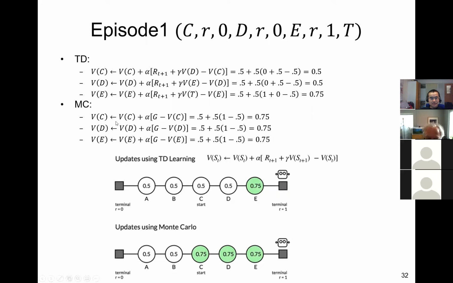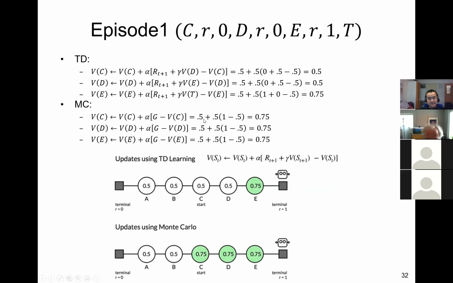So for Monte Carlo, at the end of the episode, you get a reward of 1, and that's your only reward. So that's also your return. And then you update the values of C, D, E, that's all the states visited in the episode.